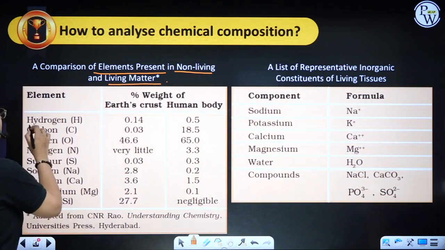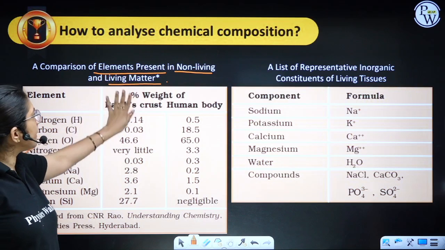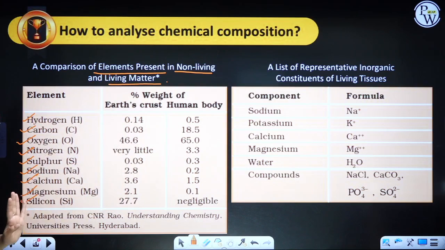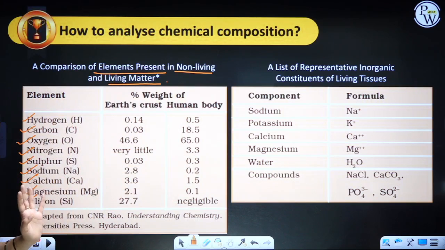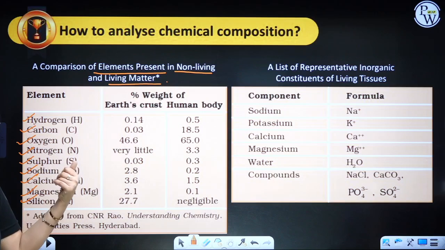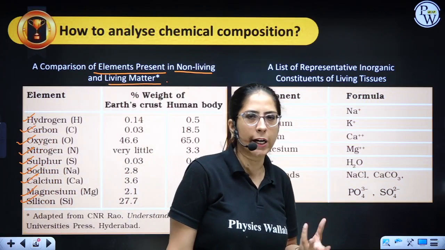For example, your hydrogen, the carbon, the oxygen, nitrogen, sulfur, sodium, calcium, magnesium, and the silicon. You can see the earth crust, this is how they are present, and in the human body they are also present. Clear? This is the overall composition. No need to learn the percentage by weight in which each is present.